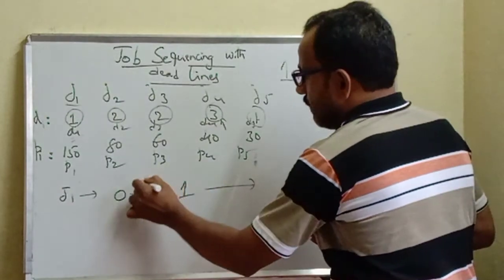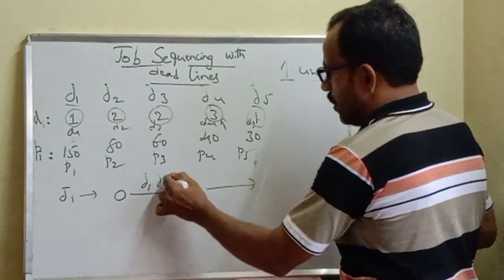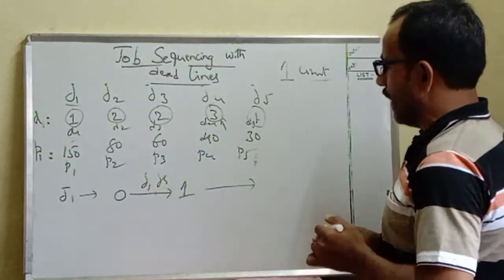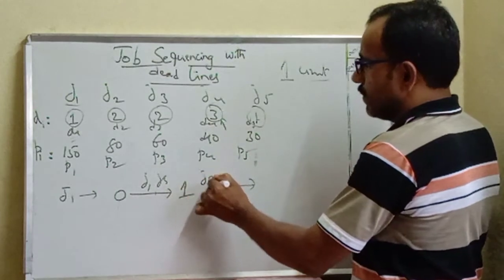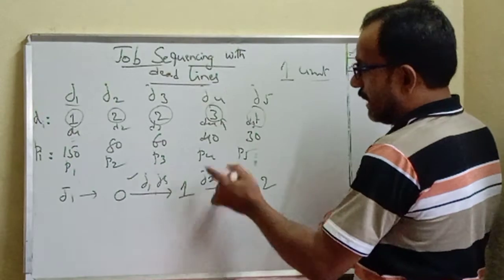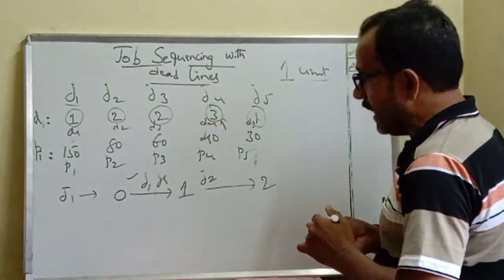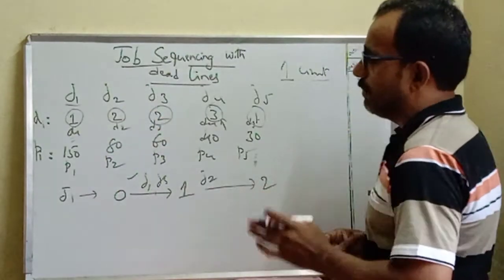So job J1 must be finished here. And job J5 also should be finished here, because he also requires the first hour only. J2 can be executed here or here, because all the jobs require only 1 hour, but he can wait up to 2 hours.